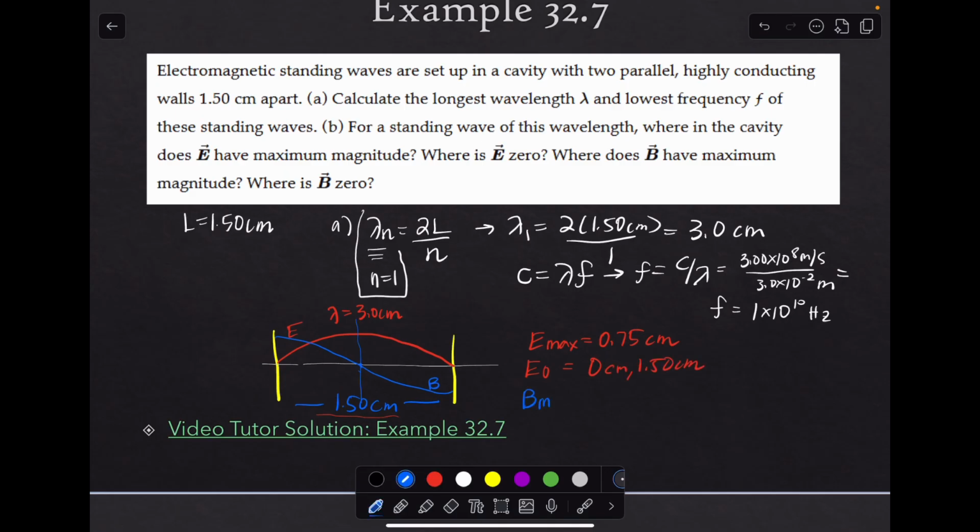The B field max will occur at 0 and 1.5 centimeters. I guess it's the max amplitude, even though it's negative, the amplitude is still a max. And B will be 0 at the halfway point, 0.75 centimeters. That's because we're dealing with one node, n equals 1, which is half of a wavelength. You can only fit half of a wavelength in there.